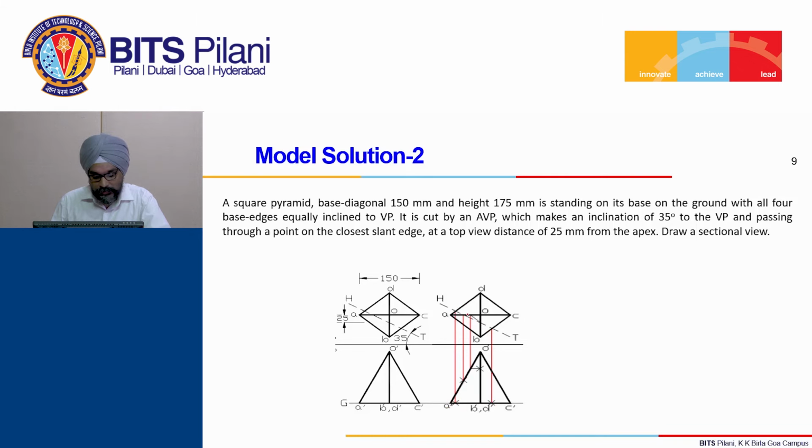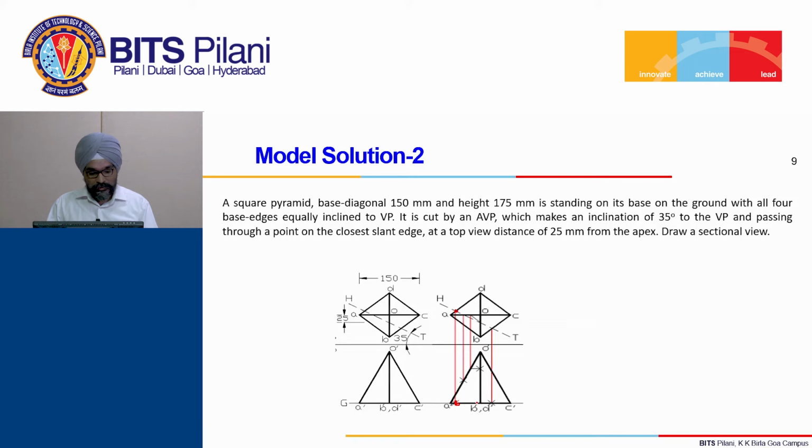But anyway, here we are just transferring the points. First you get the transfer of the point which is on AD. We transfer this point here on AD in the front view, or A dash D dash in the front view.